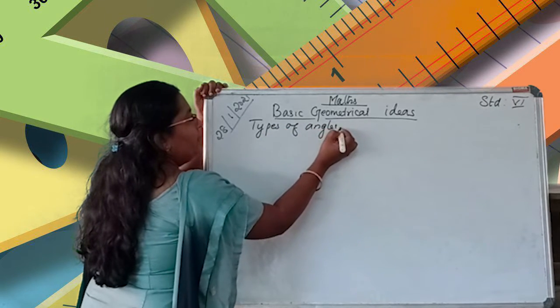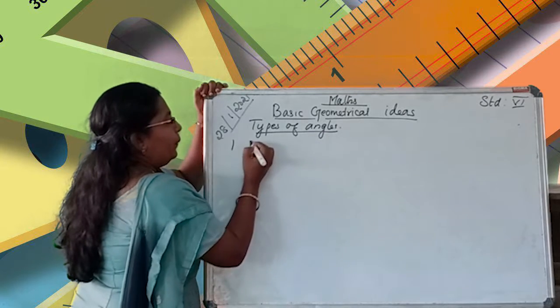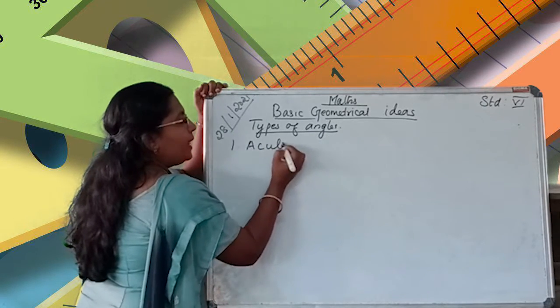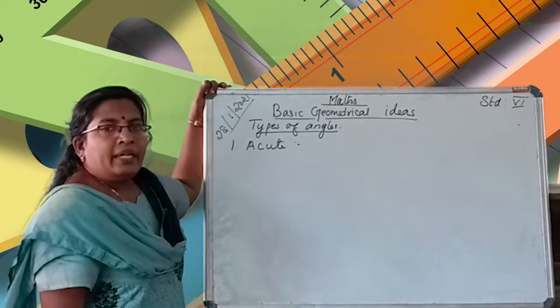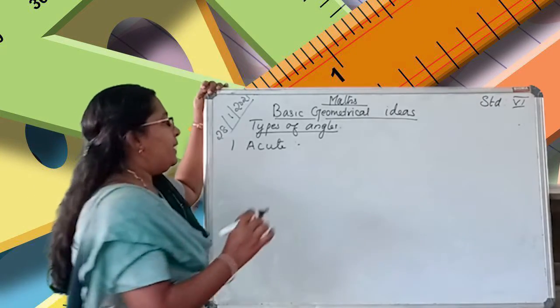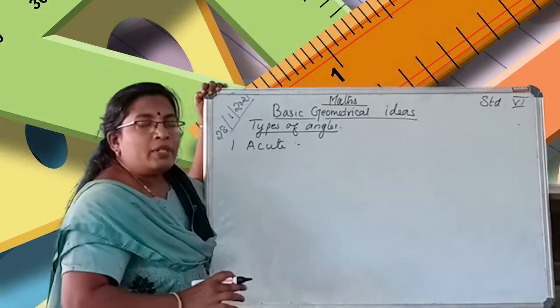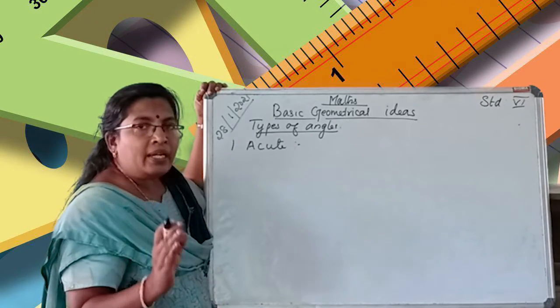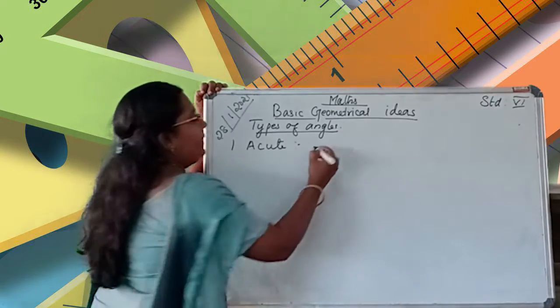First one, acute angle. What is acute angle? Its value is less than 90 degree. The measurement of an angle is less than 90 degree.